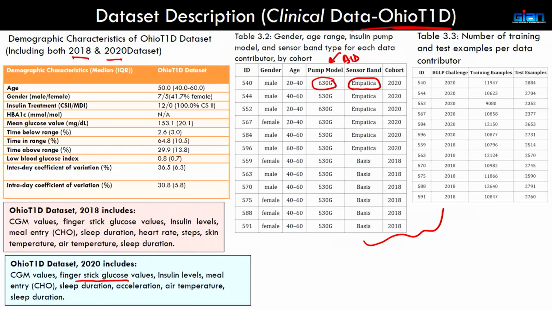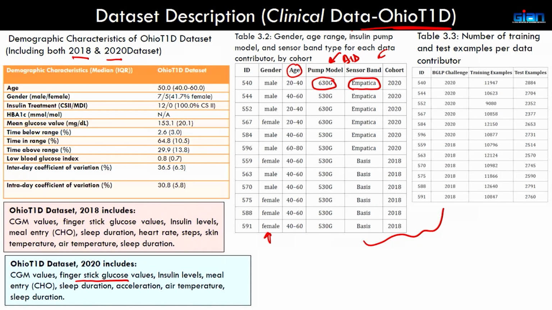You can actually use Empatica for measuring stress also. So different bands are there and different sorts of individuals are there, but you see more or less the age is between 20 to 40, and the data set is also balanced. If you look at the gender, it's more or less balanced. So it's a good data set to start with.